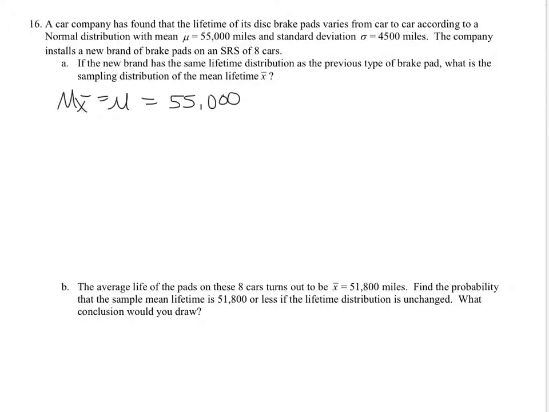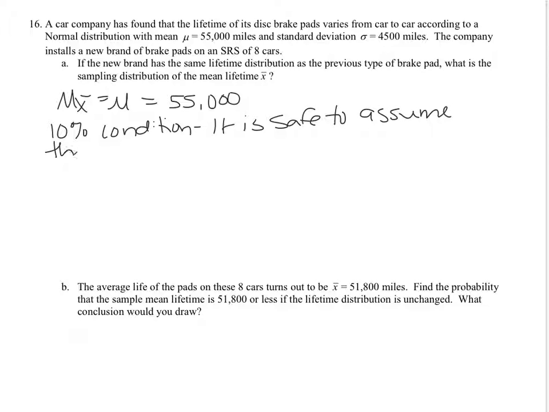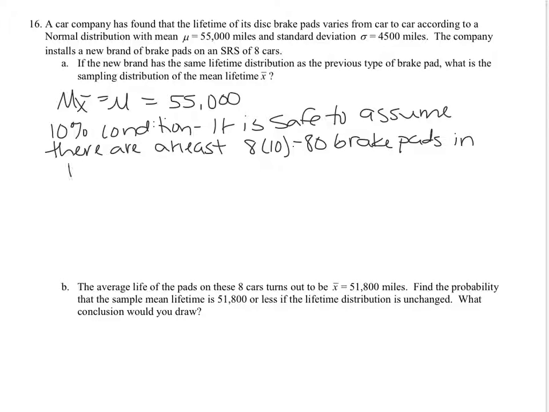In order to find the standard deviation, we have to do the 10% condition. So it is safe to assume there are at least 8 times 10 equals 80 brake pads in the population.